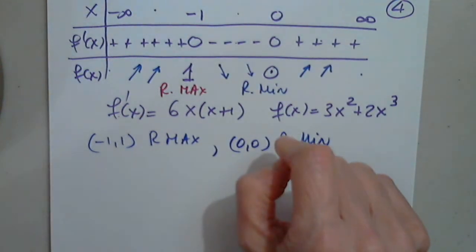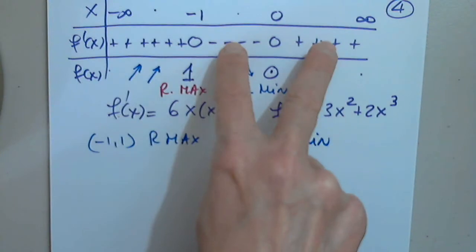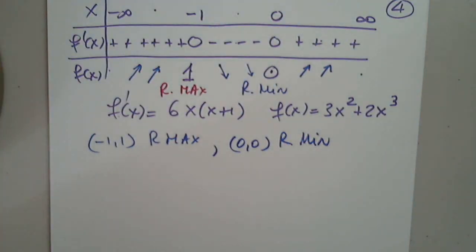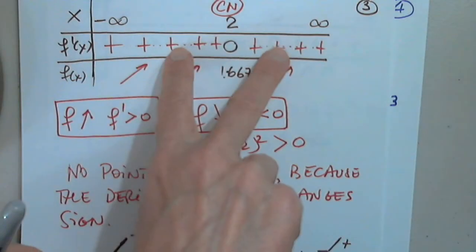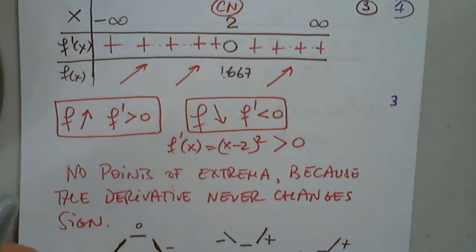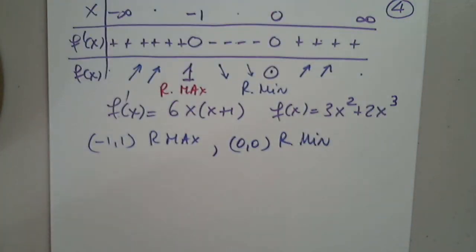It had critical numbers and also the derivative changed sign. It can have critical numbers, but if the derivative does not change sign, there is no max min there. Any questions?